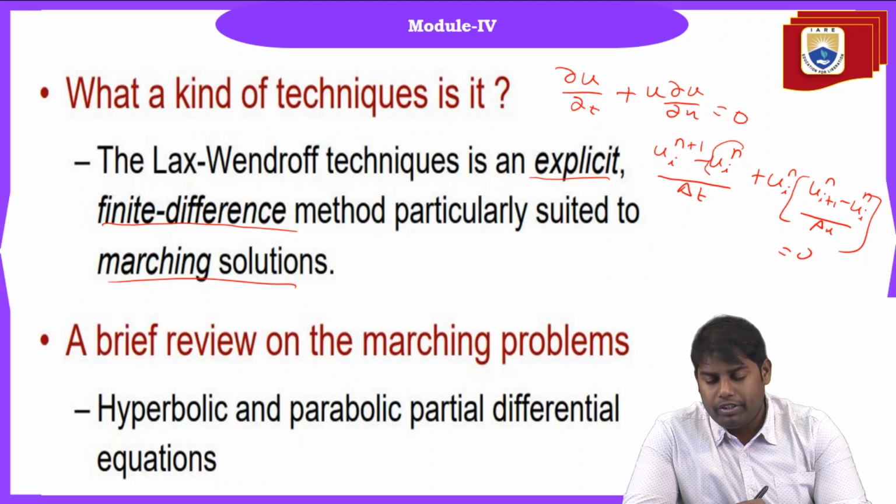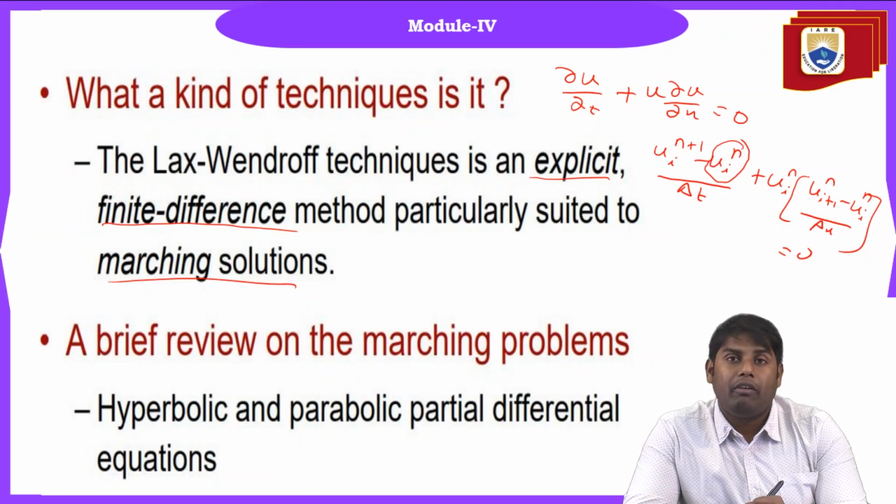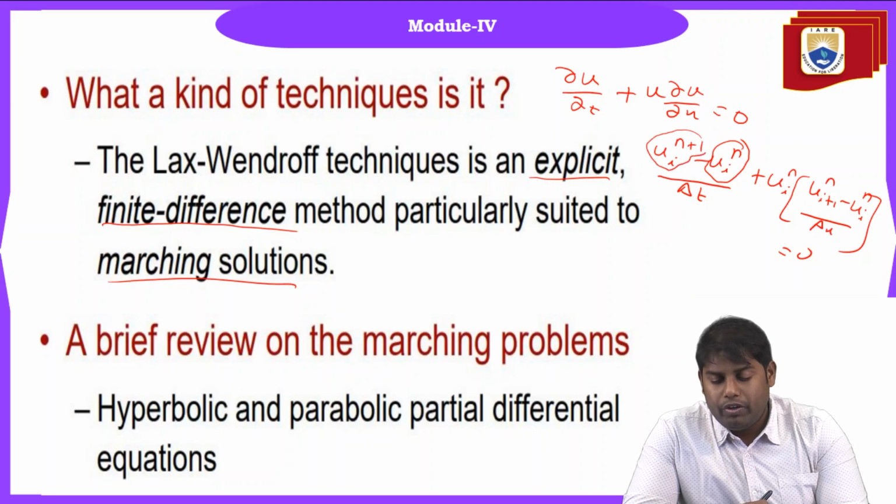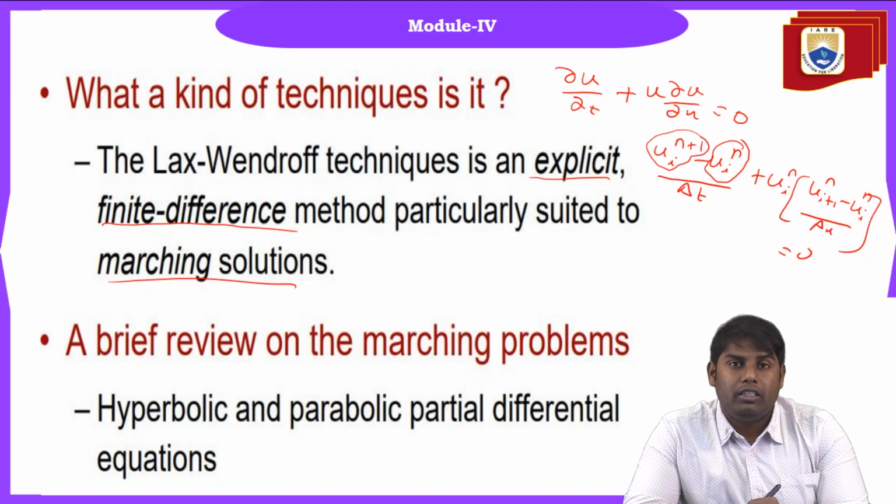Whenever you have a term with power n, that power n is nothing but the initial value, and n+1 is nothing but your final value. So when we have given that initial value, after computing these arithmetic operations, we will get the final value, which is u_i^(n+1).